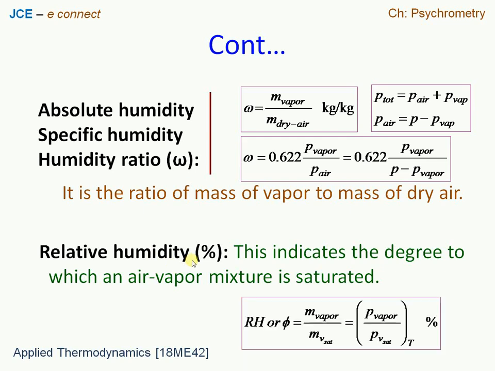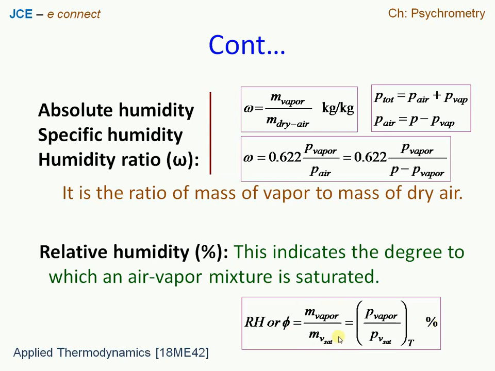So we have an equation here for relative humidity. RH or phi is equal to the mass of vapor to the mass of vapor at saturated conditions. We have the same equation in terms of partial pressures as the partial pressure of vapor to the saturated partial pressure of the vapor of the mixture existing at temperature T. This is usually indicated in terms of percentage.